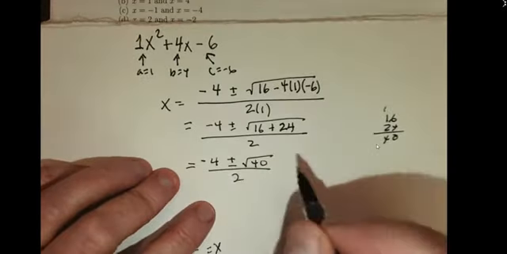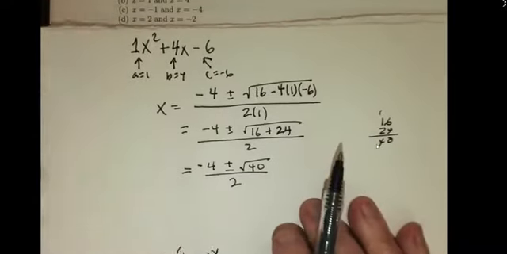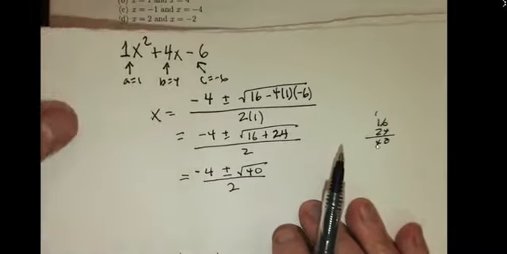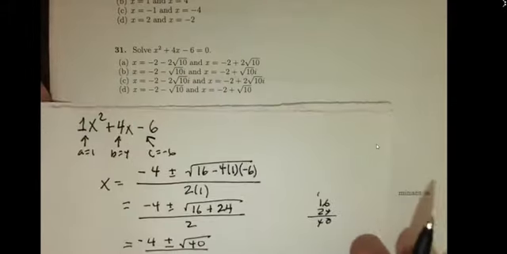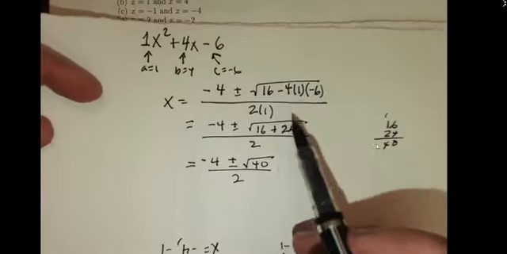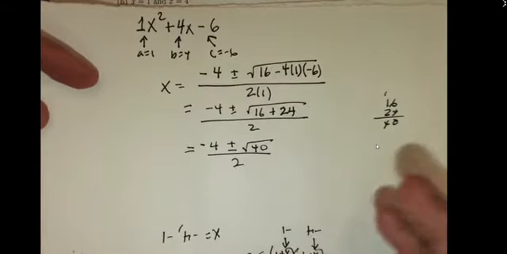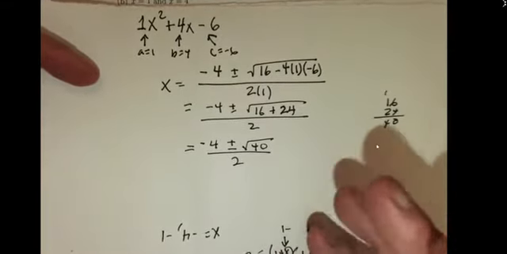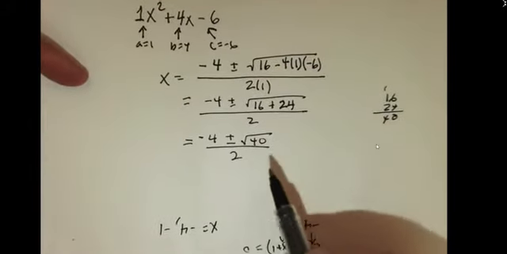All right, now don't ruin it by saying, oh yeah, 40 divided by 2 is 20, and I'm going to get the square root of 20, because that doesn't work at all. That's not correct. I'm just checking the answers there. First of all, we have something positive in here. Our discriminant is positive, so we're going to have two real solutions.